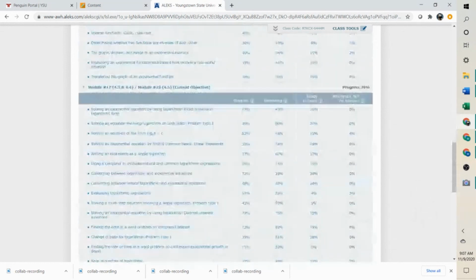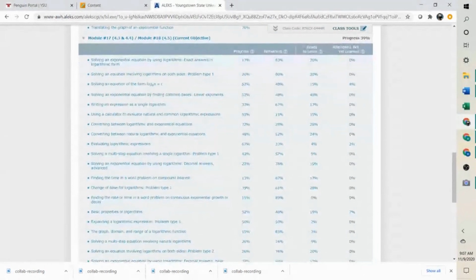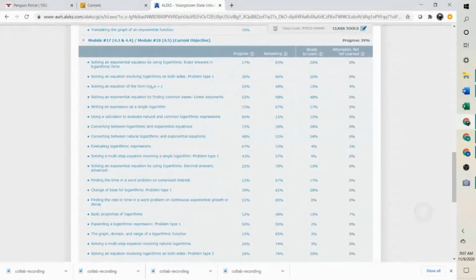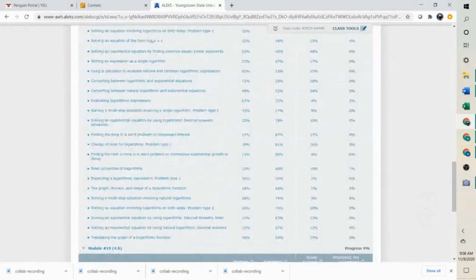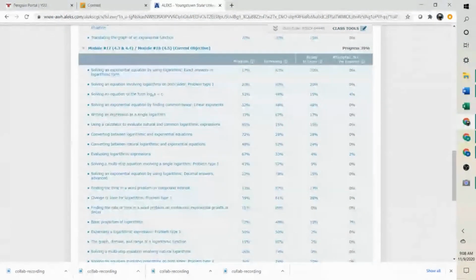I don't know which. Can you send me a picture and we'll just go from there? Yeah. You'll definitely have to graph the exponential function and the logarithmic function.